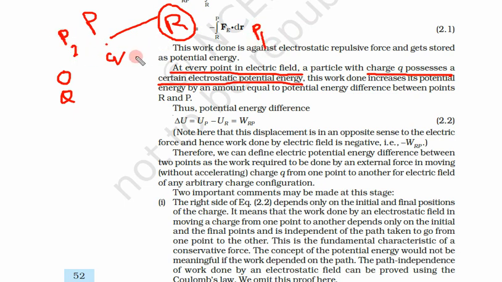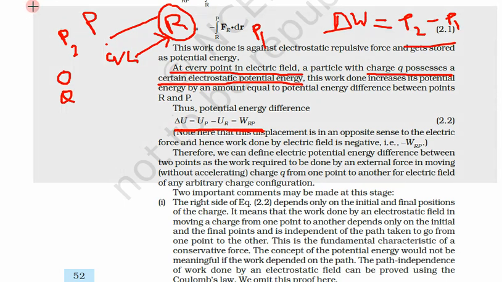So the only potential energy you are talking about is the work done, or the difference in the potential energy. Work done must be stored as difference in potential energy. So what they are trying to say is you always measure the difference, not the absolute potential energies. Okay, so this was the whole point.